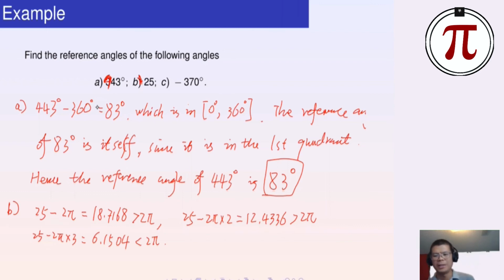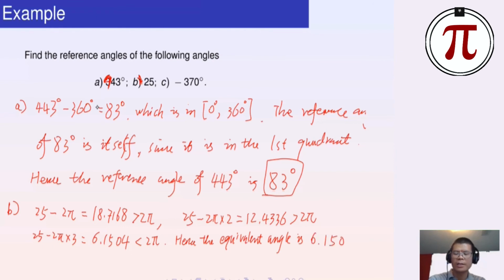Hence, the equivalent angle is 6.1504, which is within 0 and 2 pi.